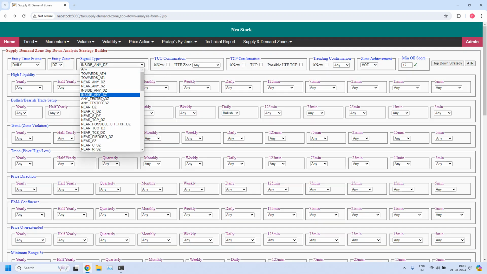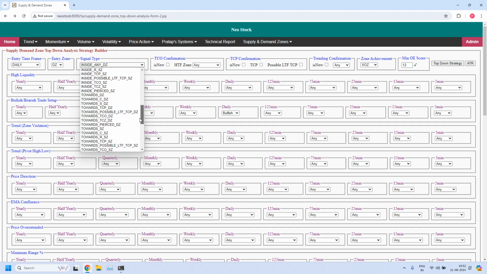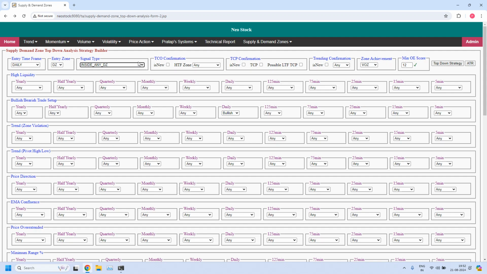Let's check any of the stocks moving towards the demand zone. Anyway, the list will be visible to you. I am removing this filter, it can be any.